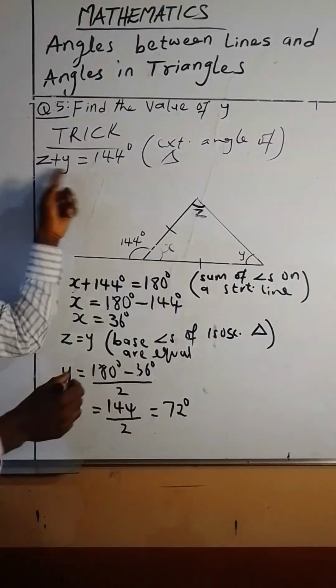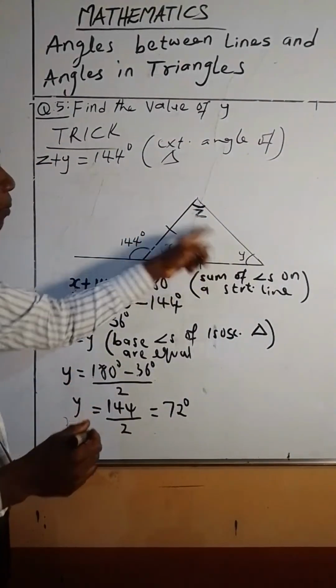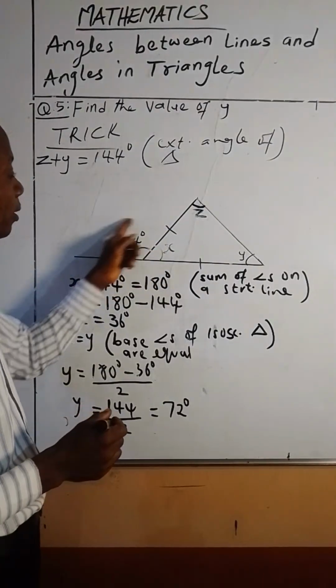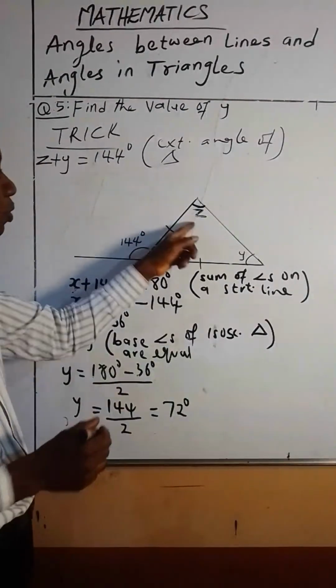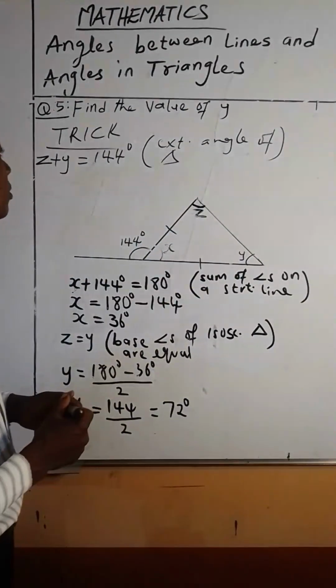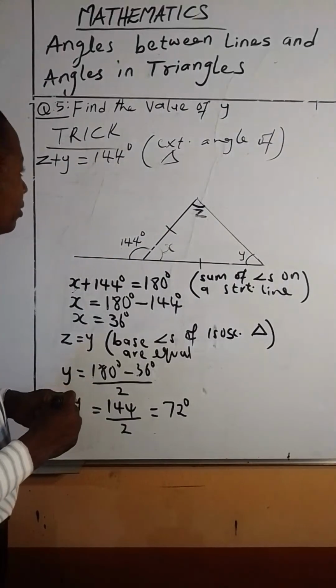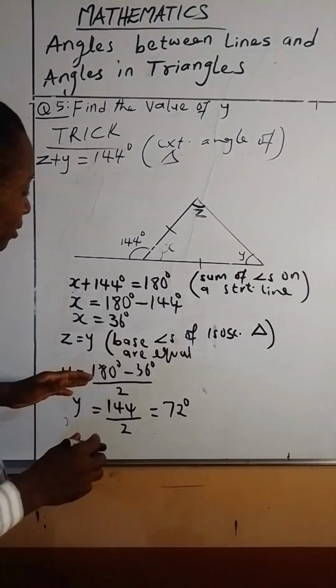So the two interior angles when added up will give us the opposite exterior angle, or the exterior angle is equal to the sum of the opposite interior angles. So z plus y is equal to 144.